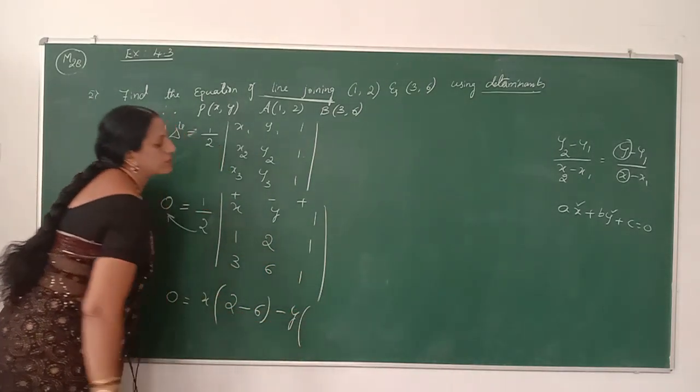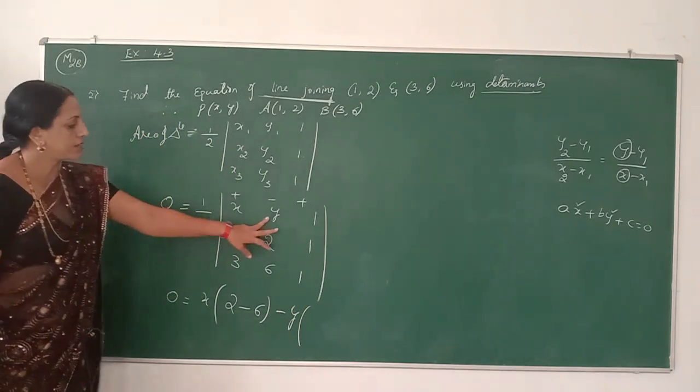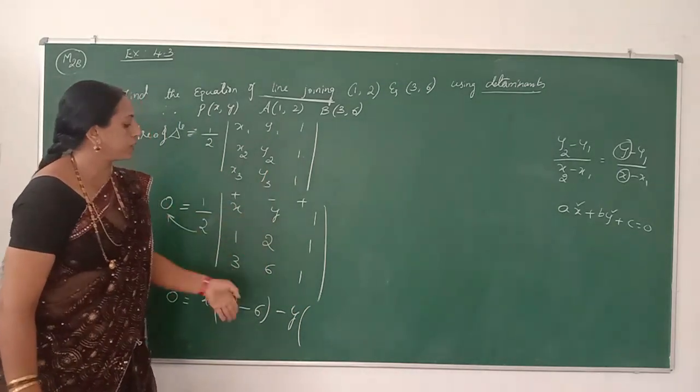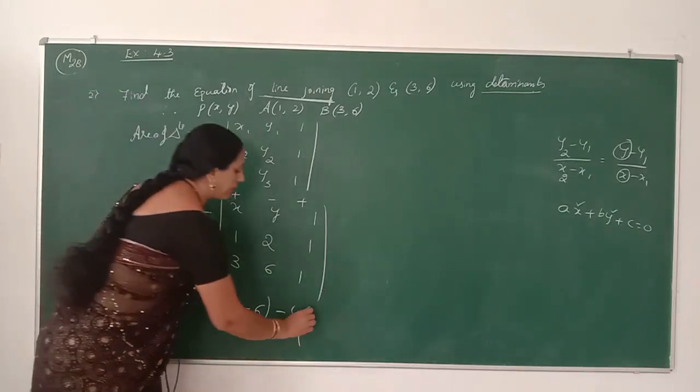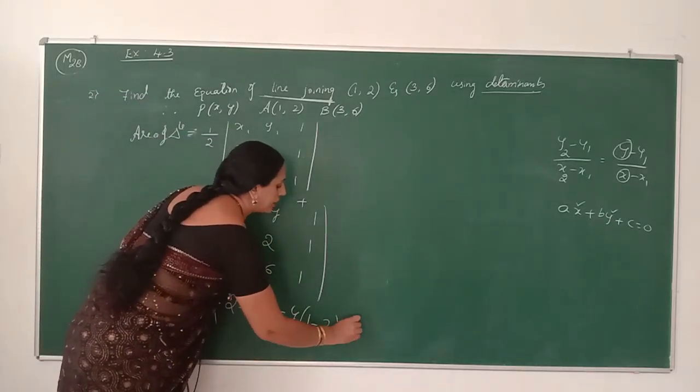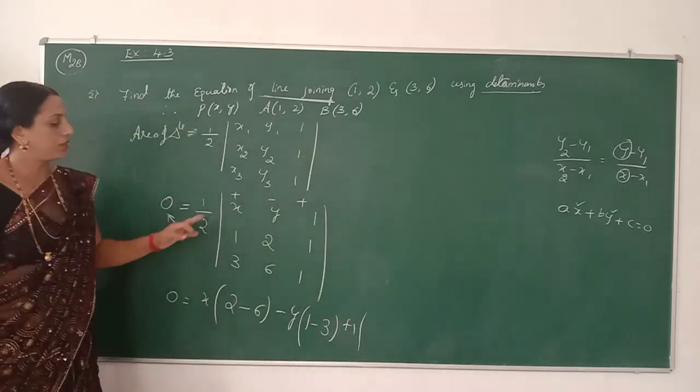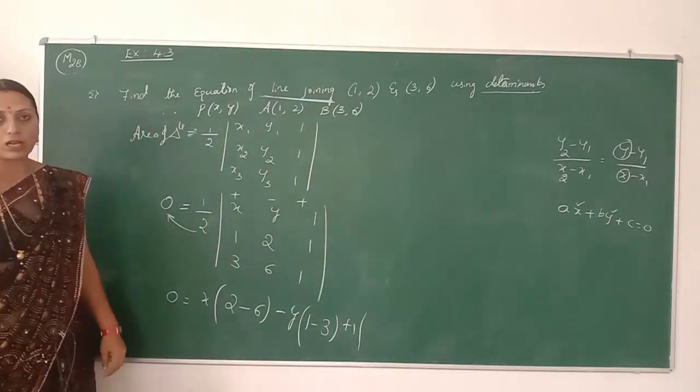Similarly, the next value is minus y. Y is an element of first row, second column. Again those are neglected. Remaining are 1 minus 3, and the third one is 1. 1 is an element of first row, third column.